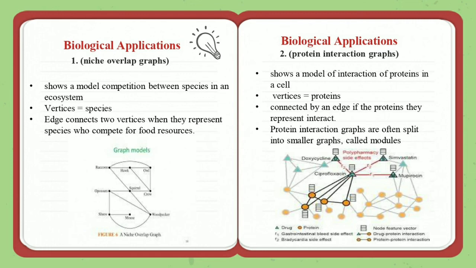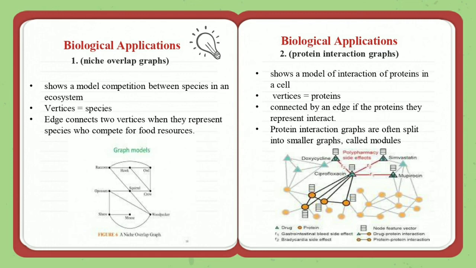For your information, the graph can be huge and can contain more than 100 vertices, each representing a different protein, and more than 1 million edges representing interactions between proteins. Protein interaction graphs are often split into smaller graphs called modules. Modules represent the interaction between proteins involved in a particular function.